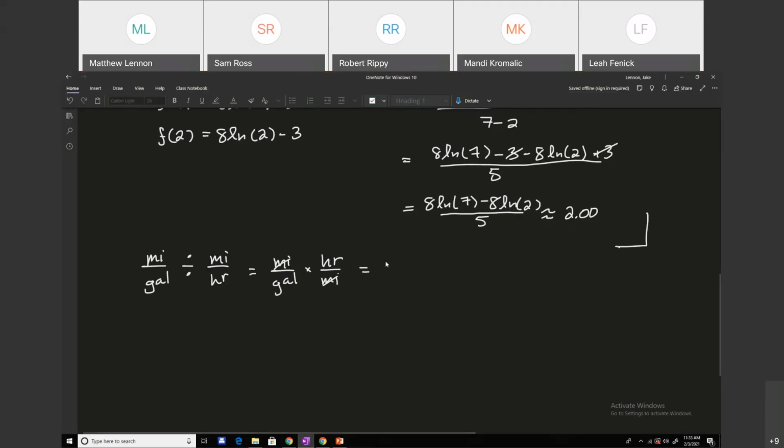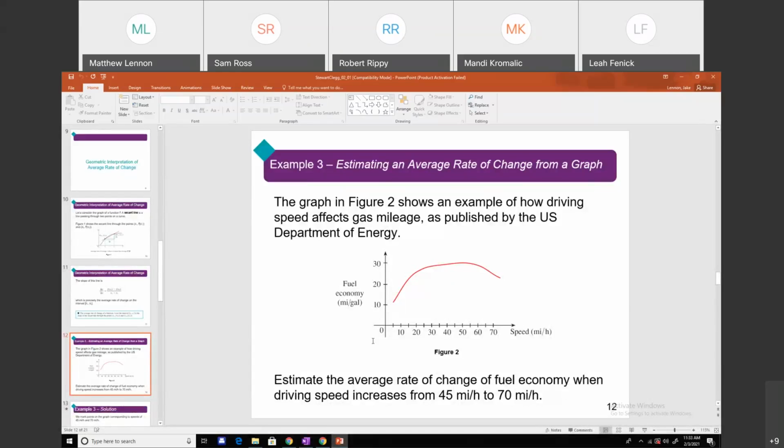So your units here are hours per gallon. So it's essentially telling you how long you can drive, or how long the average person in the scenario can drive, on a gallon of gas. That's pretty interesting. It's giving you some notion of efficiency based on time. So hours per gallon would be your units of the average rate of change.